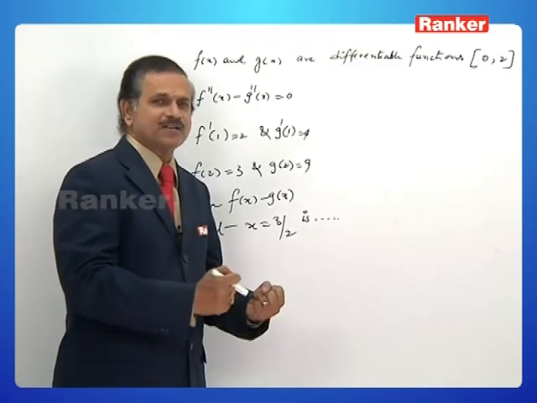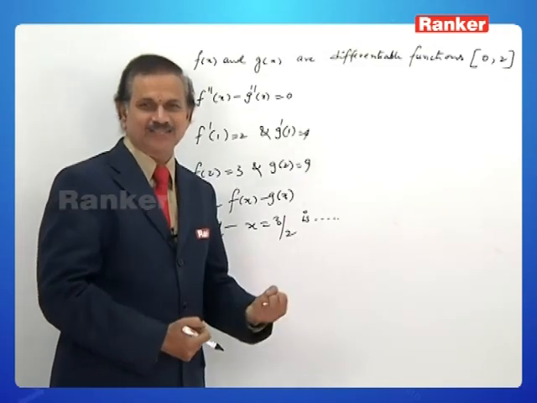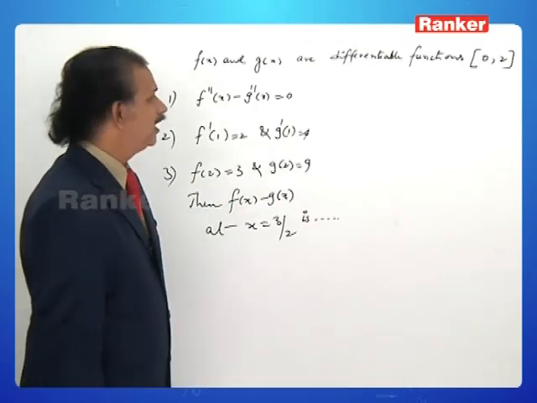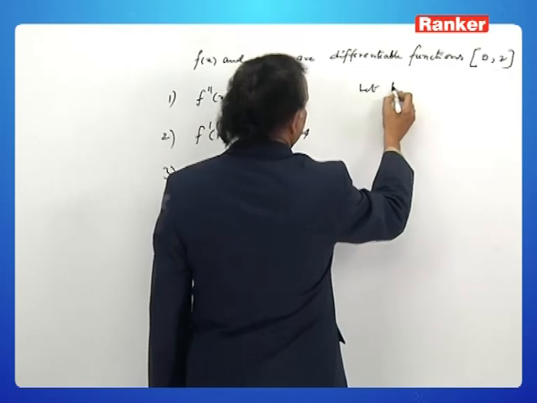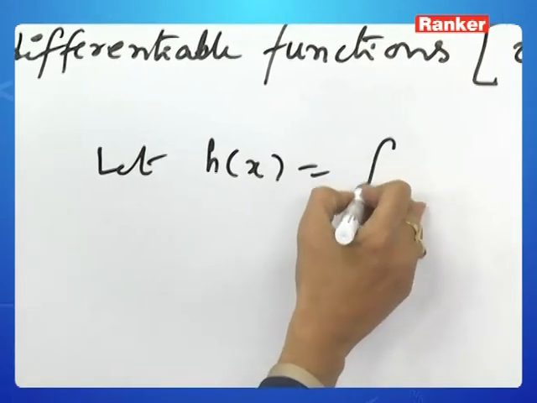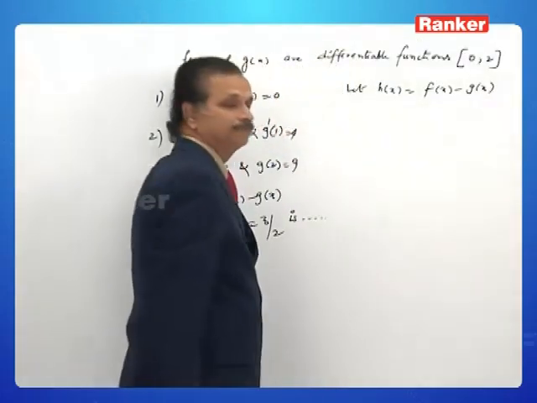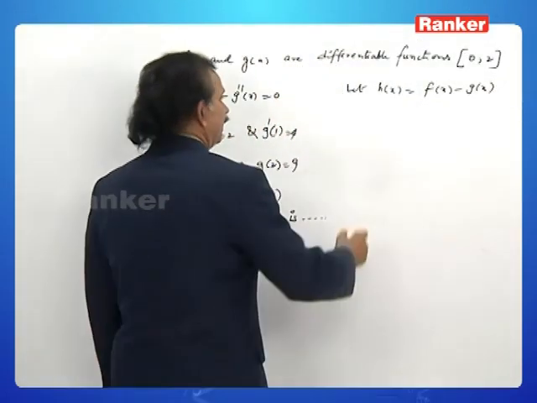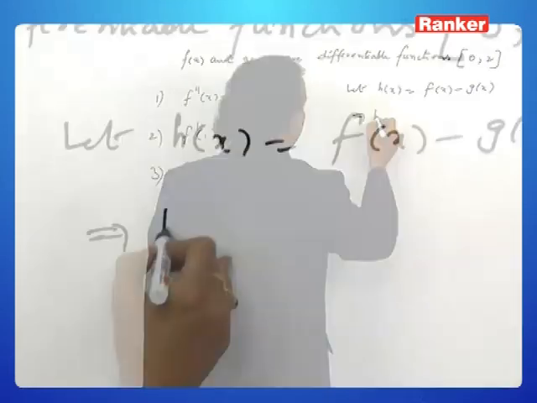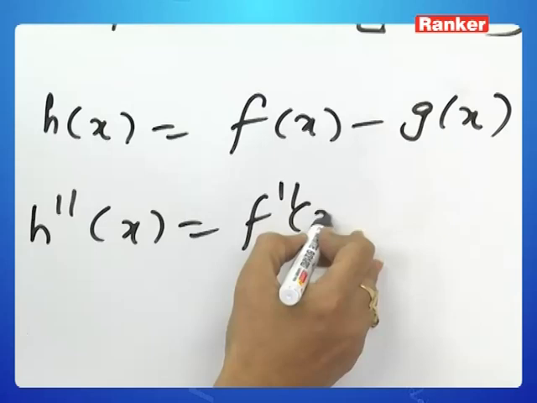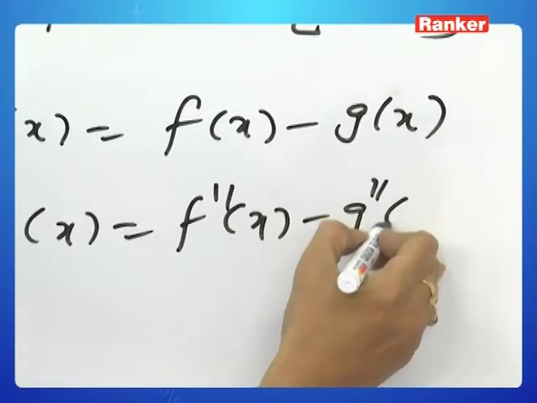On what aspect should you make the first attack? On f of x minus g of x. Okay, right. Let h of x is equal to f of x minus g of x. Implies h double dash x is equal to f double dash x minus g double dash x.